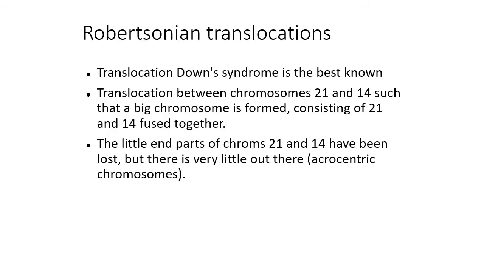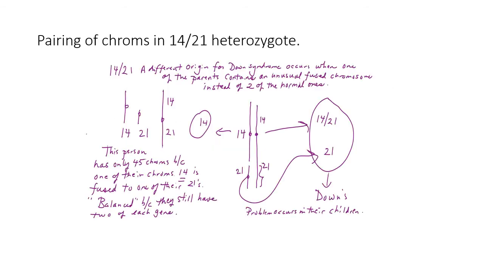Right. So this can cause problems when that individual undergoes meiosis, because the chromosomes can become confused as far as what segregates where, and that can lead to imbalance in the gametes. Okay, so what I drew here is a picture of pairing of chromosomes 21 and 14 in a person who's, as it looks like, heterozygous for that translocation.